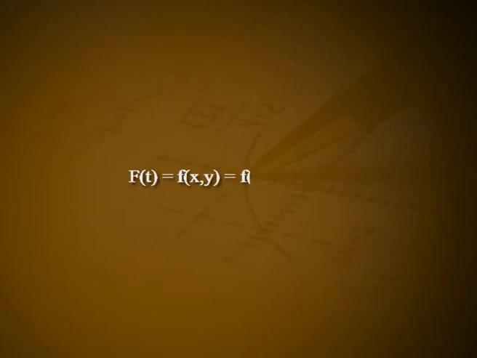Proof. Let x equal to a plus th, y equal to b plus tk, where 0 less than or equal to t less than or equal to 1 is a parameter, and F of t equal to f of x,y, which is equal to f of a plus th, b plus tk. Since the partial derivatives of f of x,y of order n are continuous in the domain, the nth derivative F raised to n of t of composite function F of t is continuous in closed interval 0, 1.